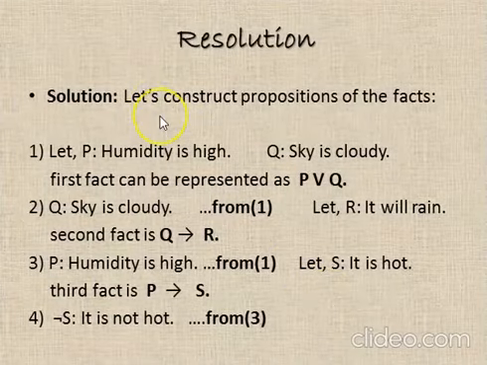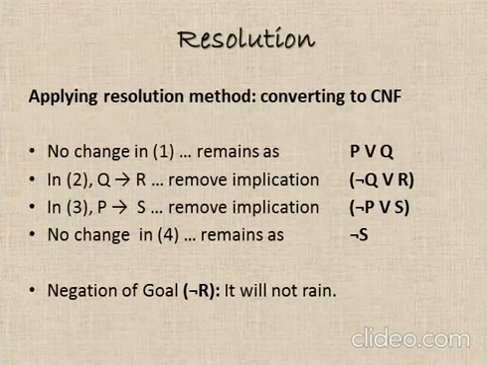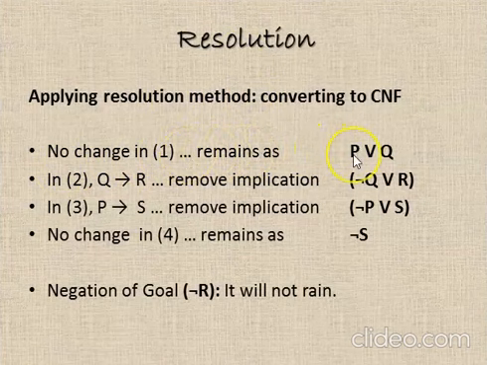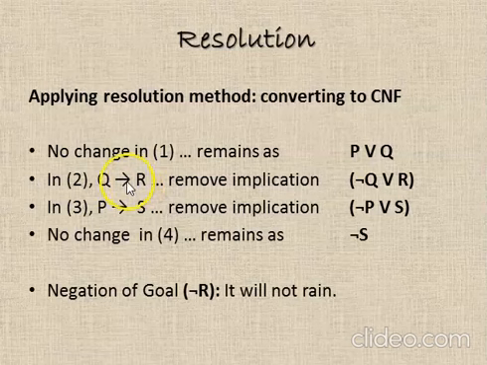So we are generating the conjunctive CNF form from this. So there is no change in the first statement because we are not having any implications. So P or Q remains as it is. Then the second statement in FOL was Q implies R, where we have to remove the implication.